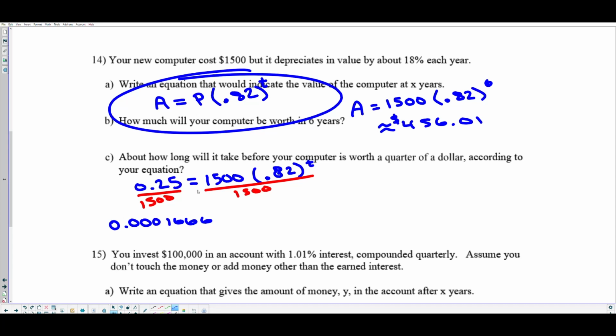I'm going to go ahead and leave this as 25 over 1500, and then I'm going to add 2 more zeros.